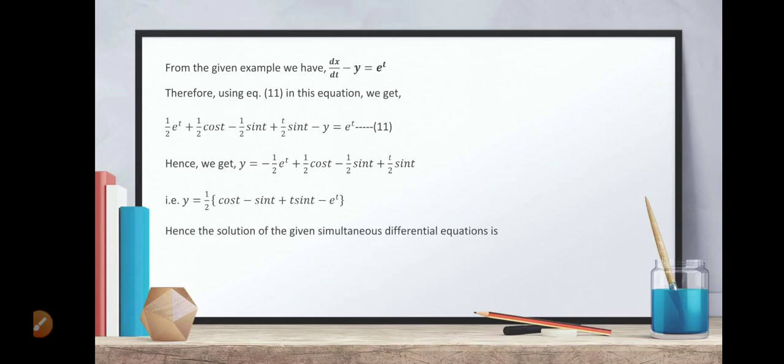Already you have obtained x of t. So from this you can write the solution of the given simultaneous differential equations as x of t equal to 1 by 2 e raised to t plus 1 by 2 cos t plus sin t minus t by 2 cos t, and another solution y of t equal to 1 by 2 into bracket cos t minus sin t plus t sin t minus e raised to t.